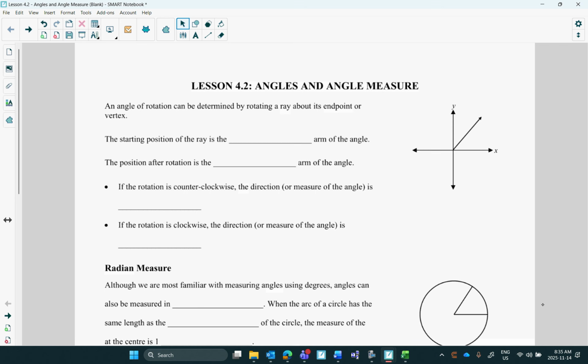But before that, remember I talked about how we can use a coordinate grid to draw any size angle. Okay, and when we did a starting position of the ray, it is just simply one arm of the angle. That's the initial arm.